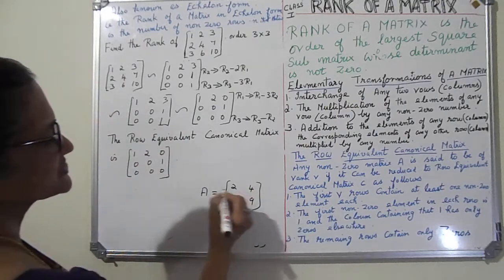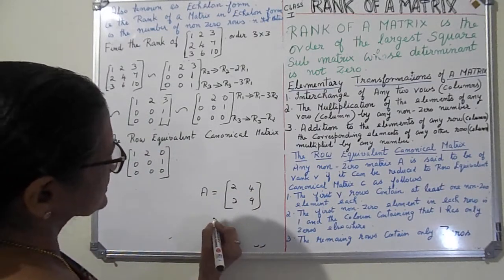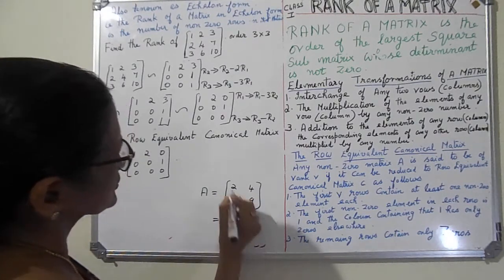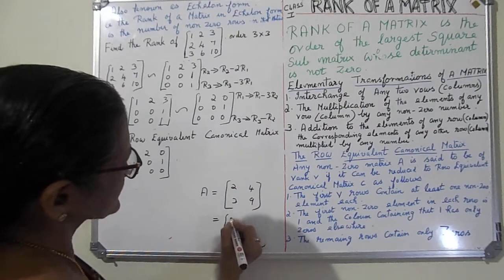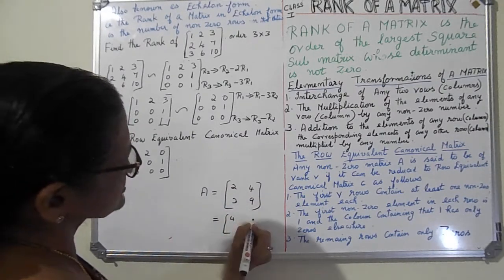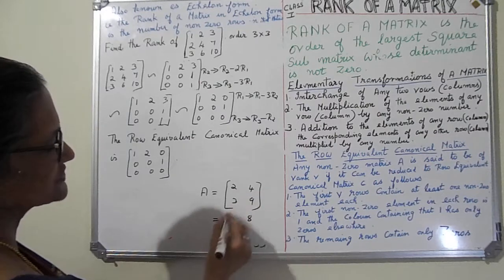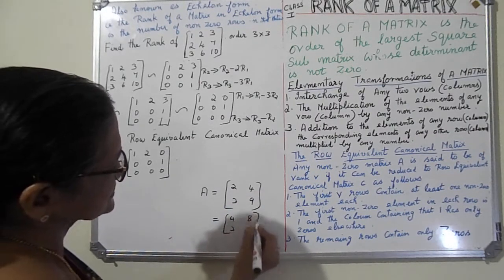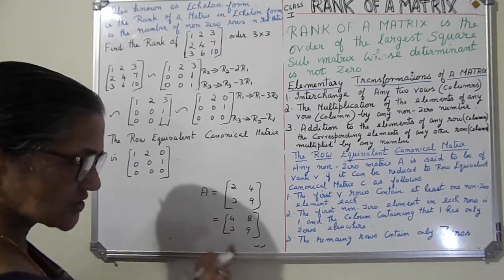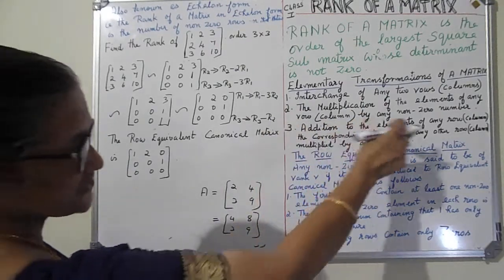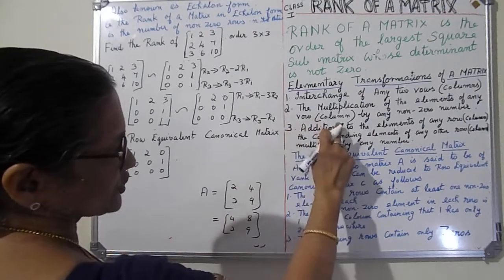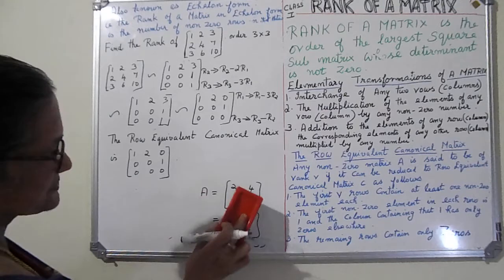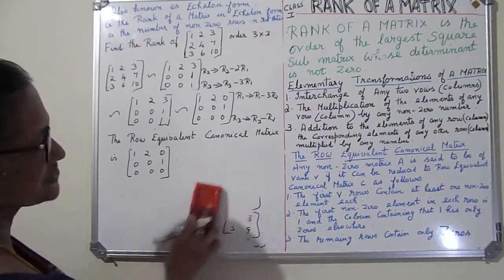I can multiply the first row by any non-zero scalar, and suppose I am multiplying the first row by 2, then 2 has to be multiplied by 2, 4 has to be multiplied by 2. Therefore, the first row will change to 4, 8. Second row, 3, 9. Similarly I can multiply the column also. That is property number 2.